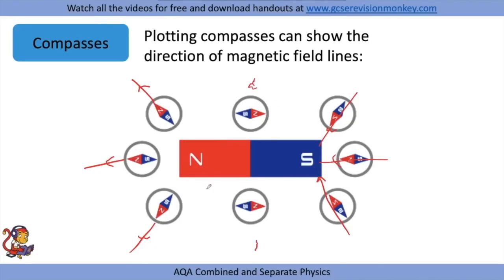So this one, again, is always going from north to south, so you can see here, going from north pole of the bar magnet towards the south, so the north part is being repelled away from this north and attracted towards the south. And again at the top here, this plotting compass, the north part of this small bar magnet inside the compass is being repelled by the north pole of the permanent bar magnet and being attracted towards the south. So you'll see here the field lines will then look very similar to our normal bar magnet, when the field lines are away from the north and into the south pole.